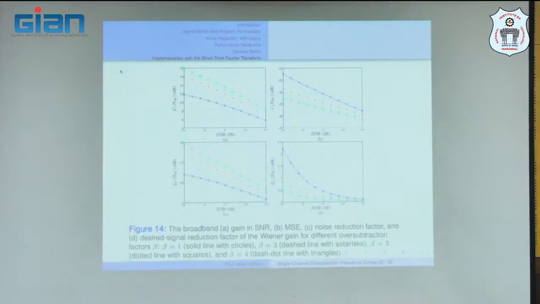Why, when we suppress more noise, the output SNR increases? You know why? Remember the maximum SNR filter? We talked in the time domain. Maximum SNR filter. When we suppress more noise, okay? When we suppress, we don't suppress noise in high SNR components. Where do we suppress the noise?